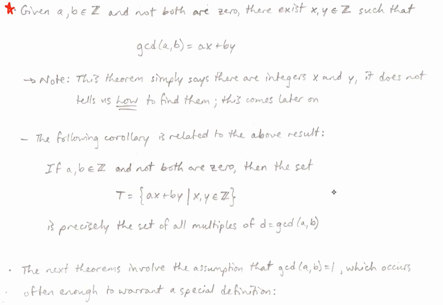If you take all possible linear combinations of a and b and make those all elements of a set, what you have is the set of all multiples of your GCD. And that's really neat. Not something that we explicitly use a lot in math, but just a neat little fun thing to say that, oh, this is what we have here.